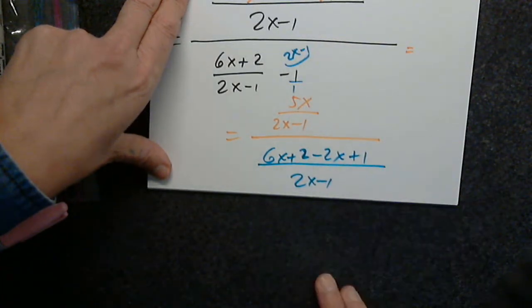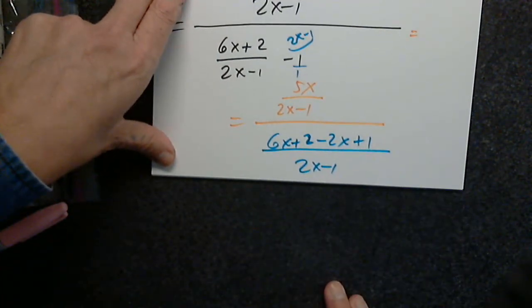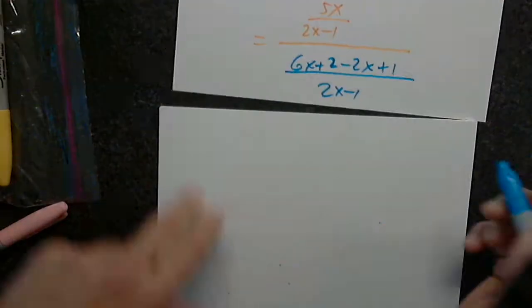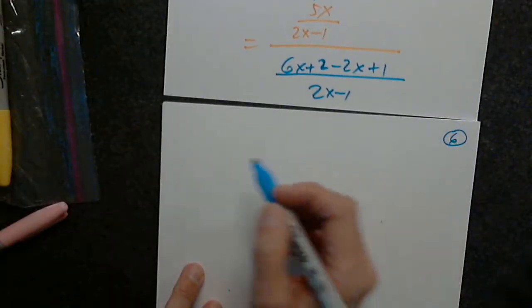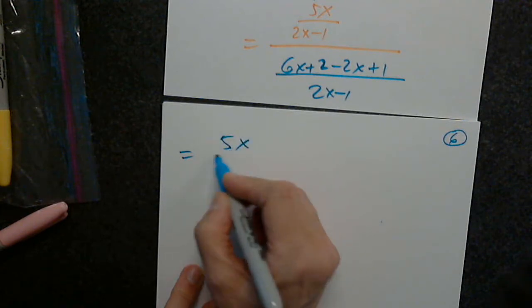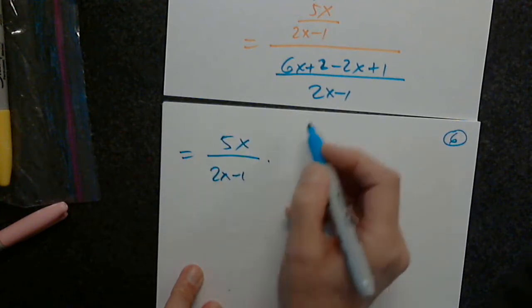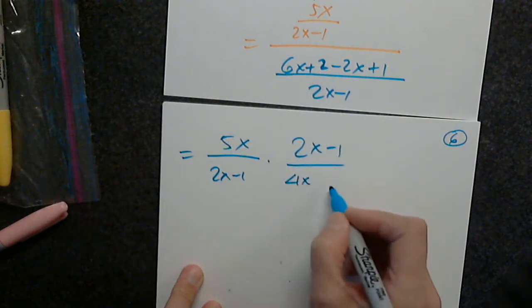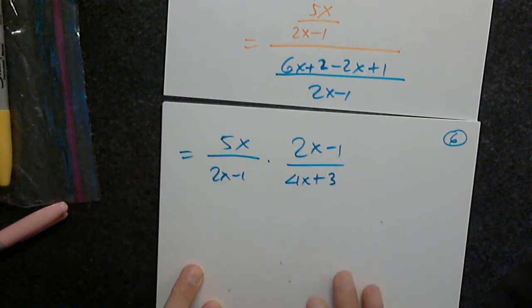Positive. Very good. Awesome. So the numerator now is 5x over 2x minus 1. I flip the denominator, 2x minus 1 over, and this is 4x plus 3.